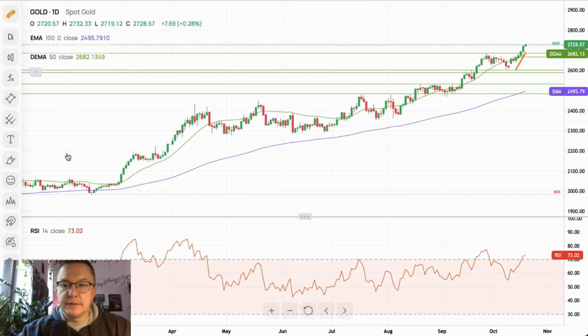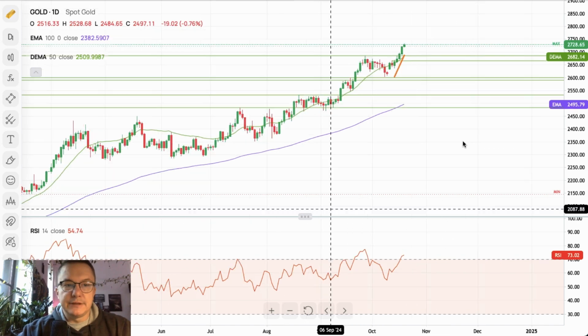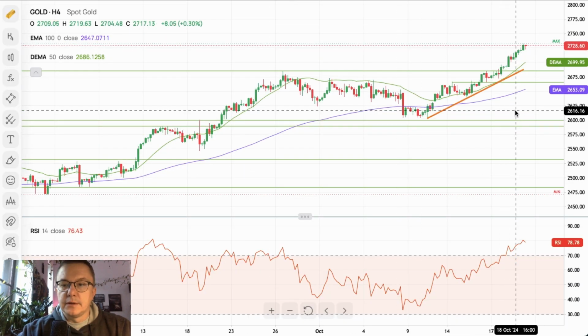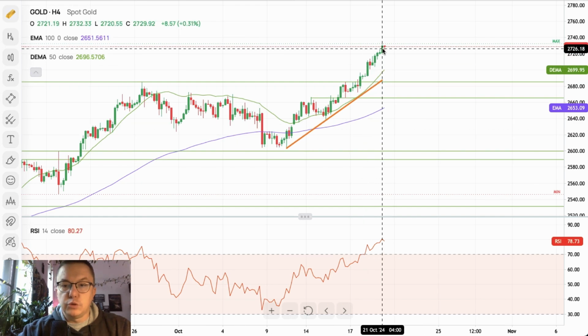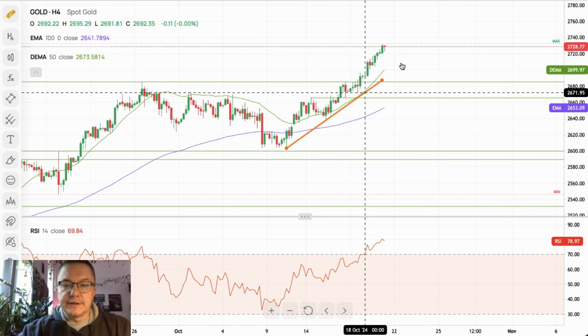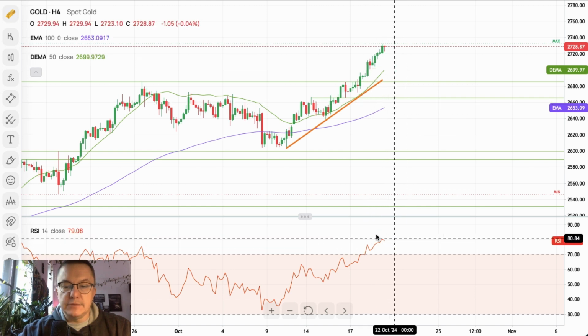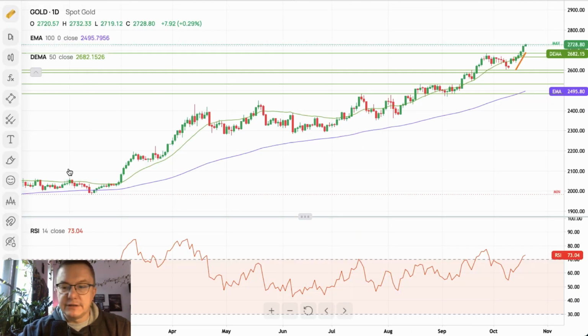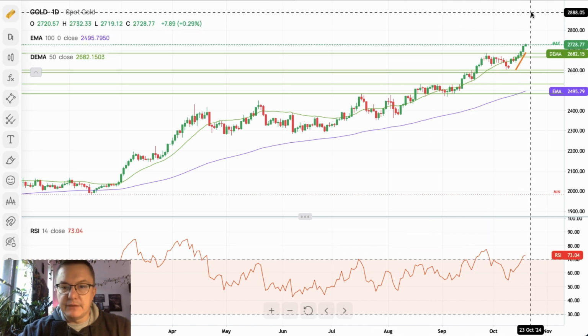The gold market, new all-time high on a daily time frame chart. So let's switch to the 4-hour. There you go. A new daily high, 2,732, is the new all-time high. All of this means that we are extremely overbought. On a 4-hour chart, and on a daily time frame chart, we should be extremely overbought as well, and we have the bearish divergence.